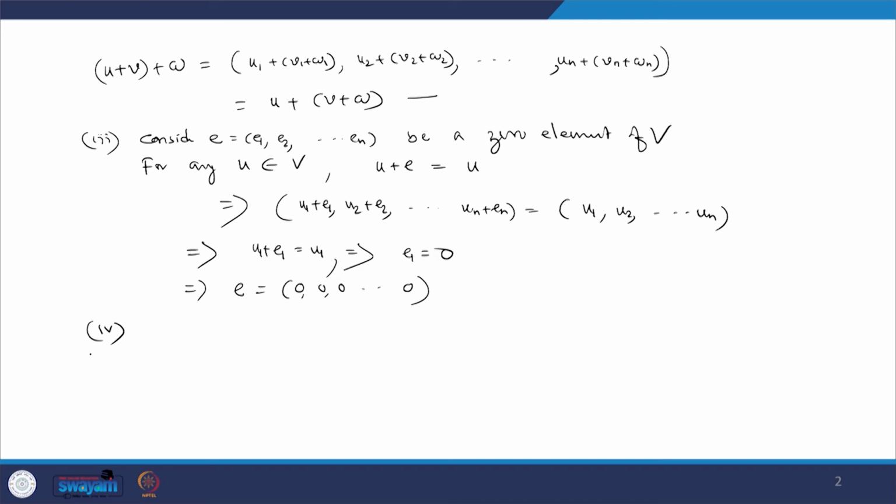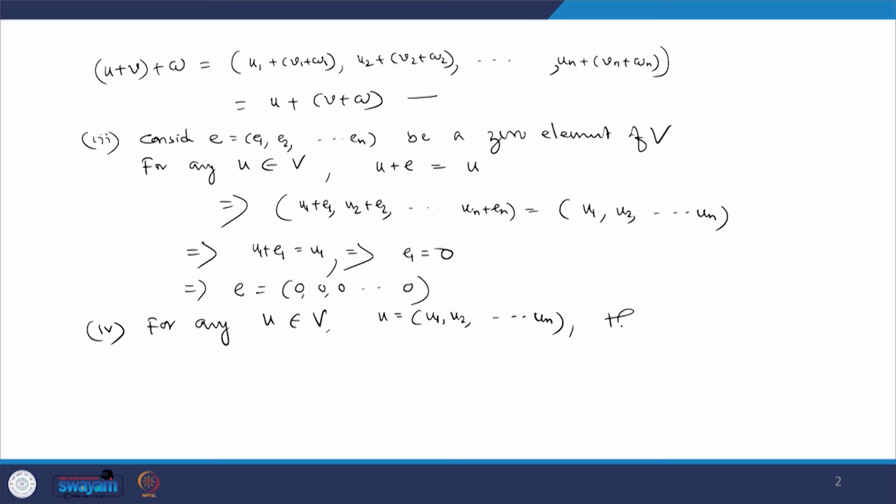What can you say about the additive inverse? For any u belongs to capital V, u is equal to basically u1, u2 and un.